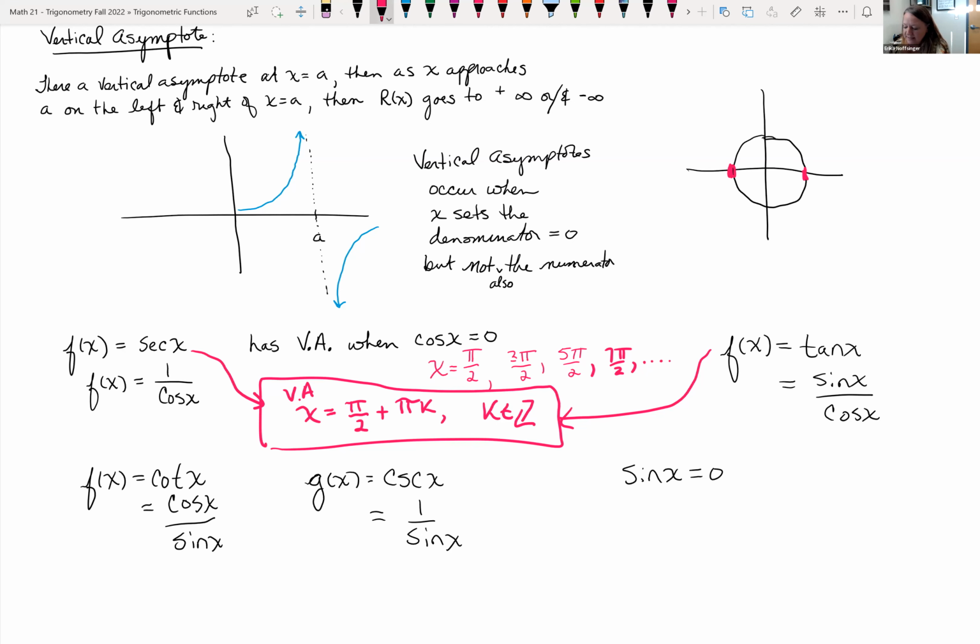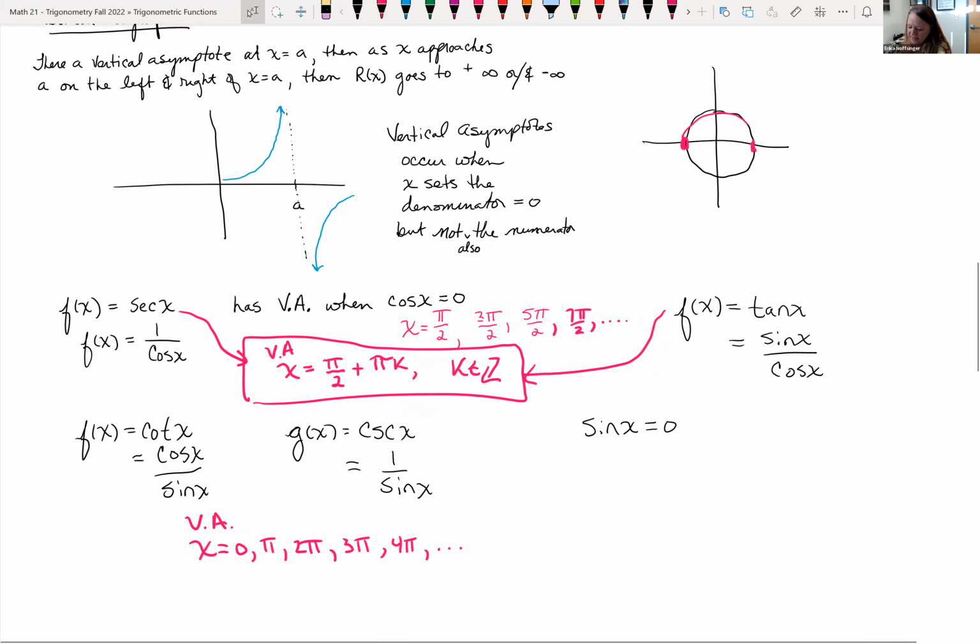This was when x is equal to 0, x equals pi, 2 pi, 3 pi, 4 pi, and so on.